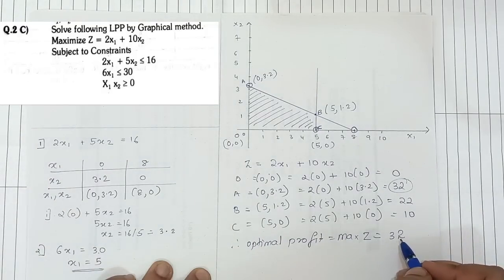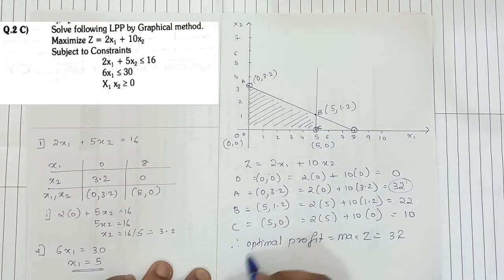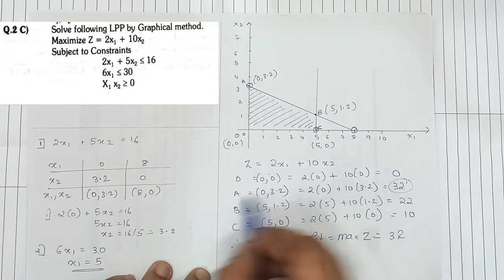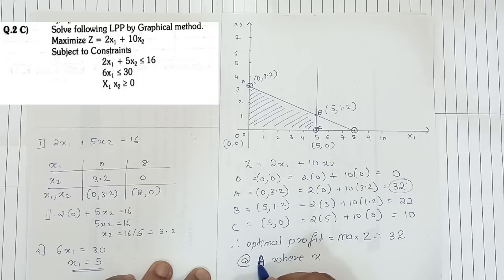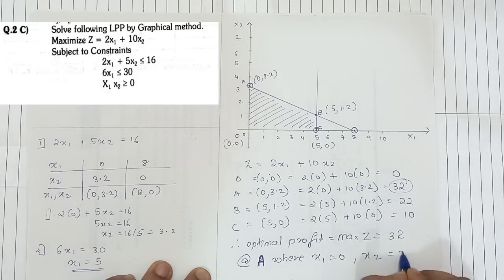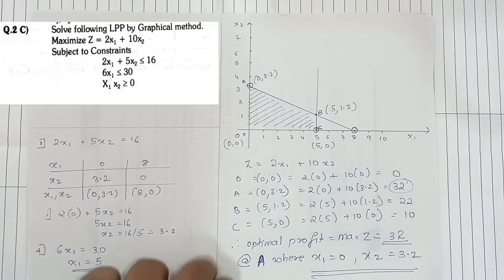Okay, and that's it. This is at point A, where x1 was 0 and x2 is 3.2. That's our final answer.